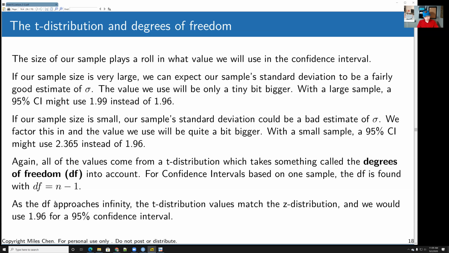Technically, it's still different, maybe like 1.99 versus 1.96, but if you don't have a t-table handy and you have a large number of degrees of freedom, like 50 or more, you can just go ahead and use the normal distribution 1.96 value.